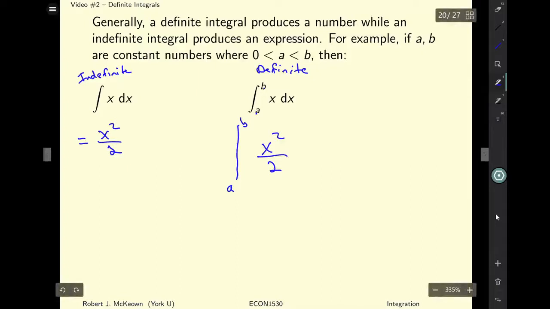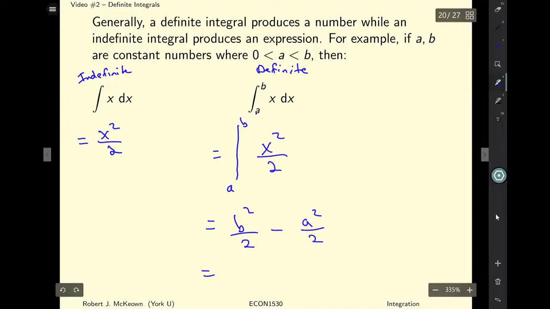And now I'm going to evaluate this thing on the interval A to B. So I'm going to get b squared over 2 minus, always the minus, a squared over 2.